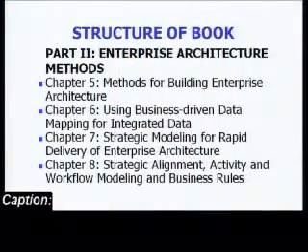A number of modeling tools have taken the manual steps documented in Chapter 7 and have automated those steps to automatically derive project plans from data models. Chapter 8 covers strategic alignment, activity and workflow modeling, and business rules.